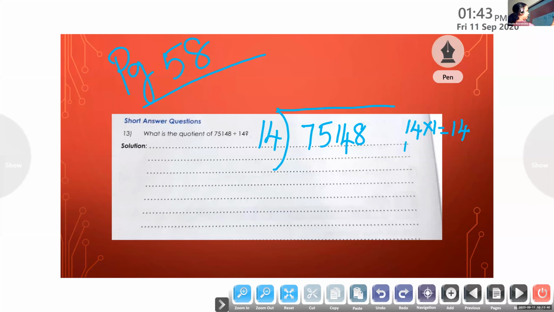14 into 1 is 14. Okay, 14 into 2. Alok, please unmute and tell me the table of 14. 14 times 2.